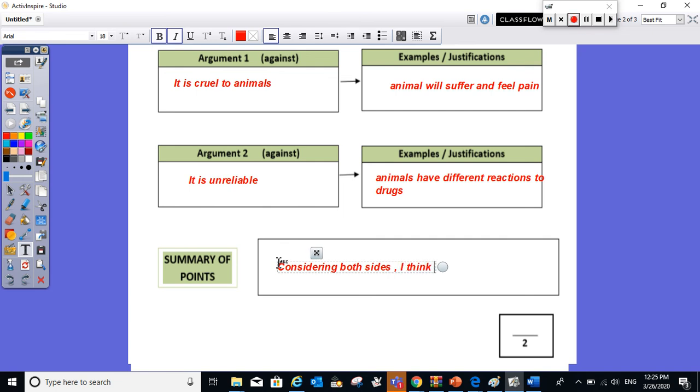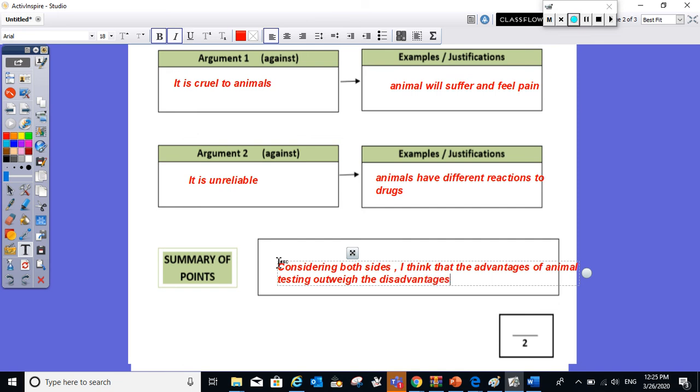I think that the advantages of animal testing outweigh the disadvantages.